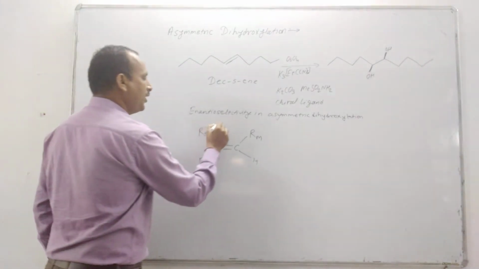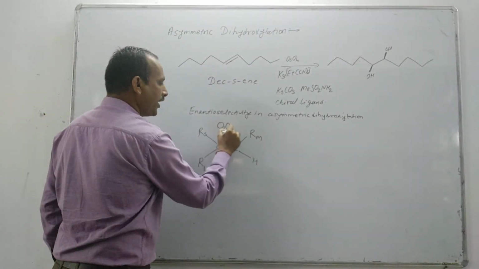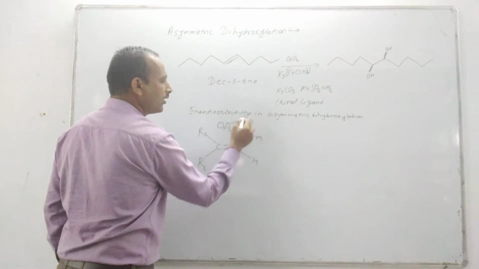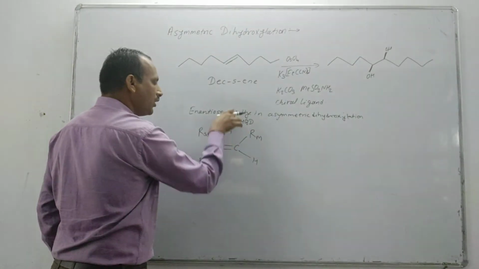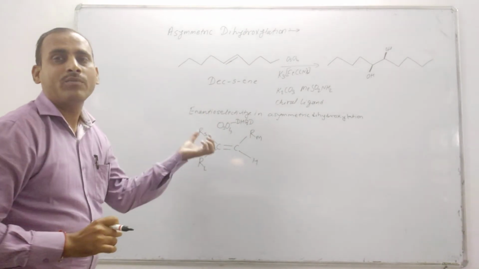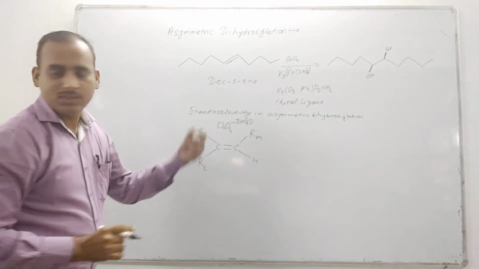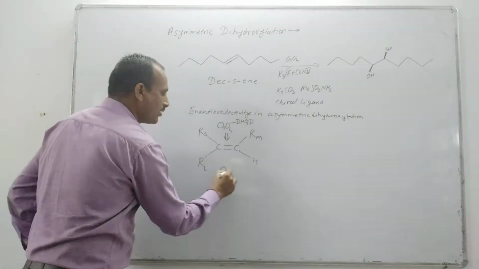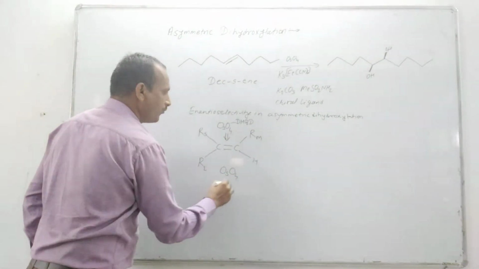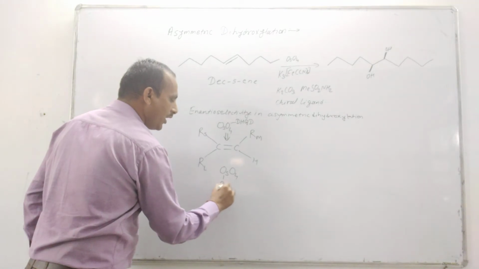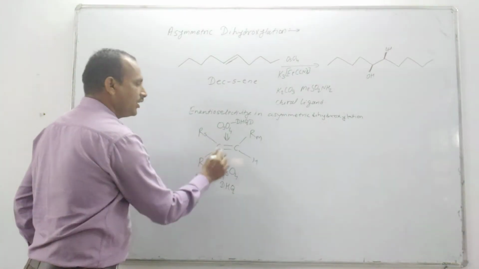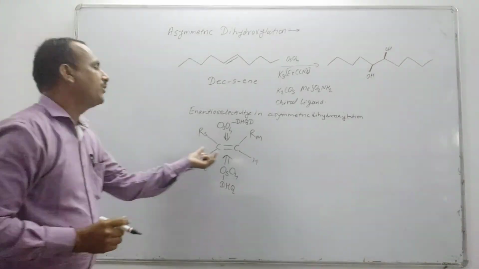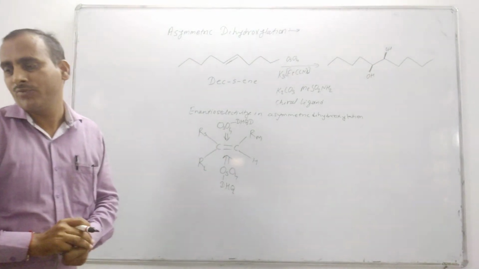Then the osmium tetroxide attached to DHQD, the dihydroxylation occurs from the top face. And if there is osmium tetroxide with DHQ, then the dihydroxylation occurs from the bottom face of the carbon-carbon double bond.